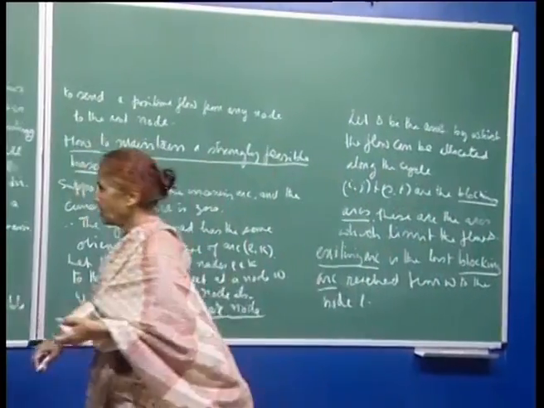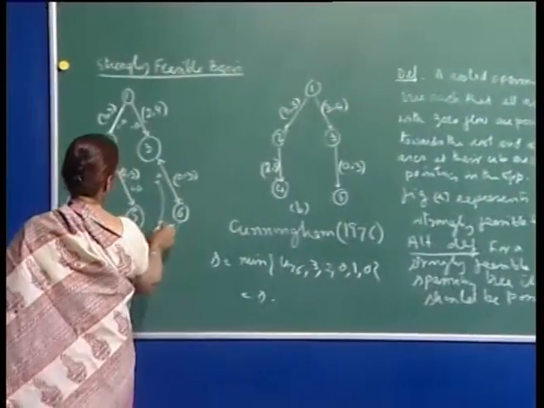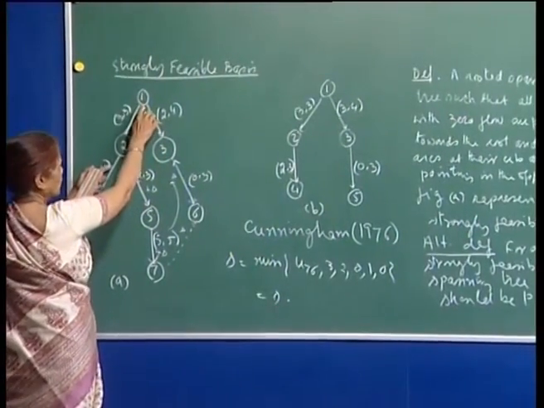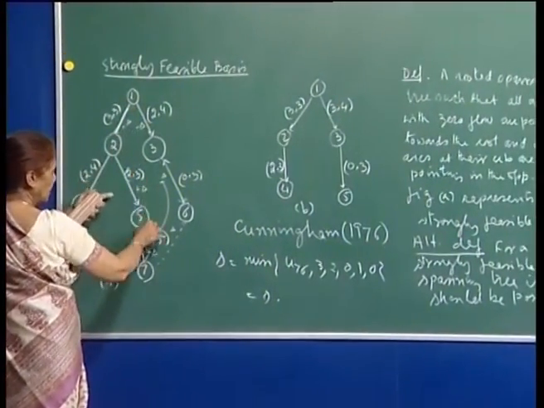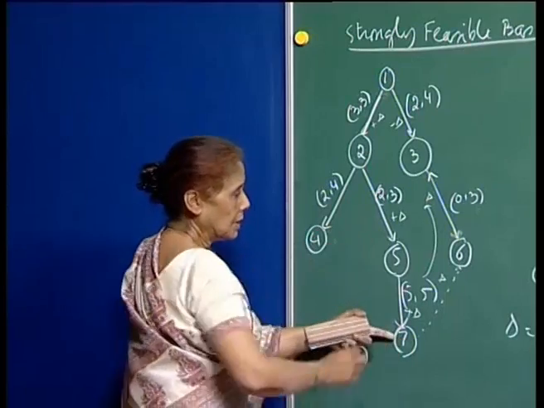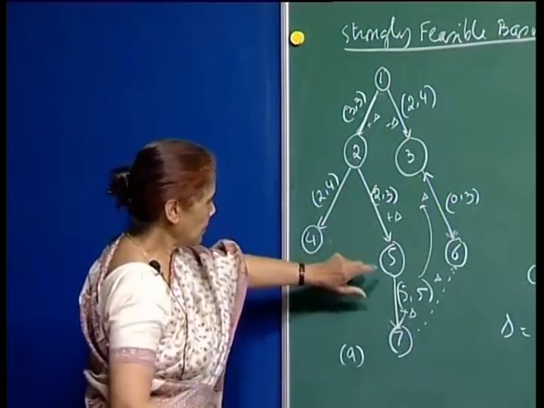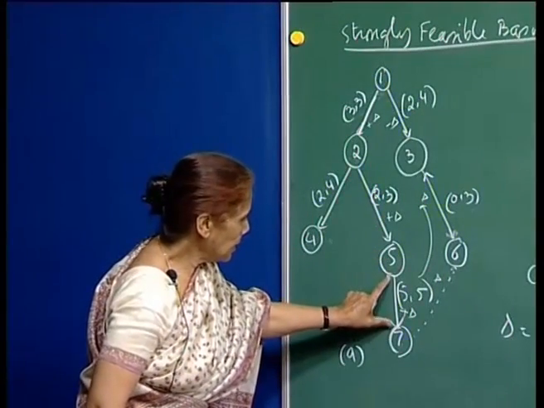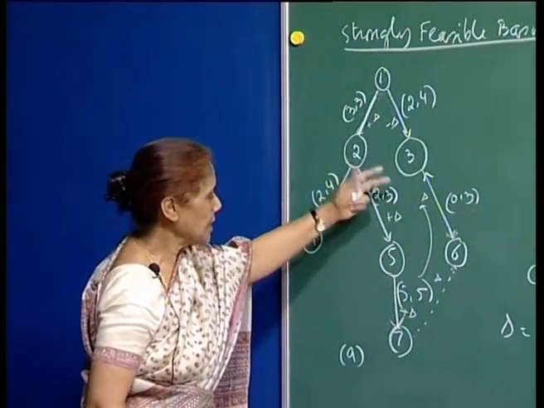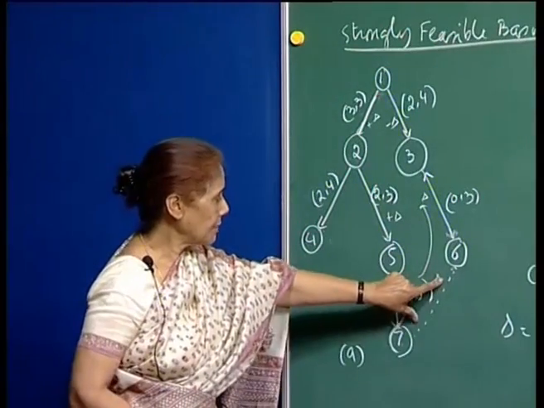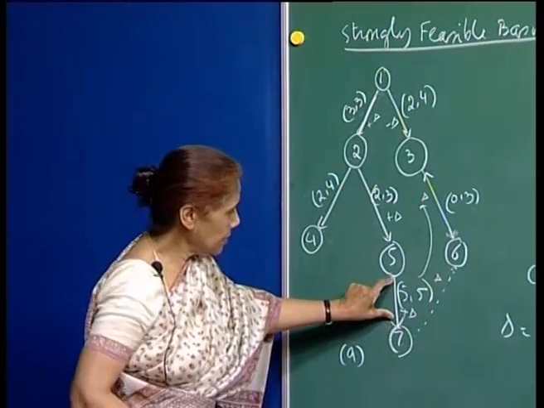If you are coming from W, this is your apex node now. When you are following the path from the apex node to the tail of the incoming arc, then by this definition the last blocking arc will be this arc. The flow will not change, that means this will become a basic arc. If you want to make it at 0 level, you want to make it basic, then this will be the exiting arc.